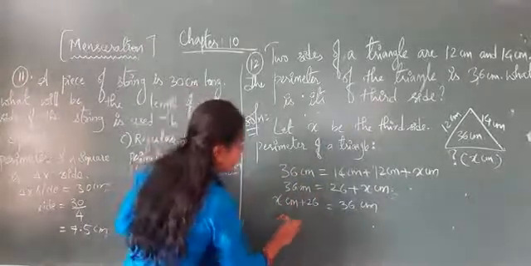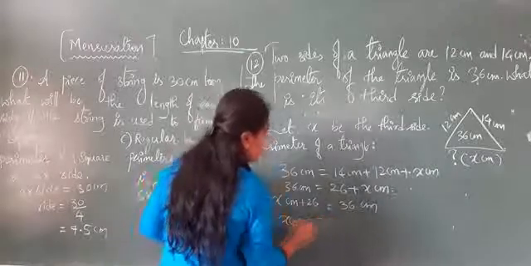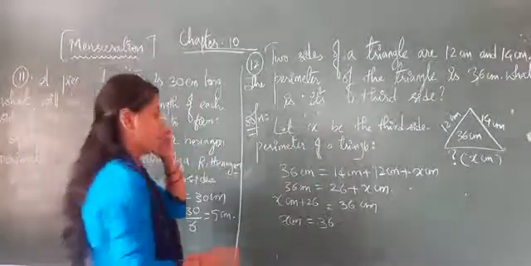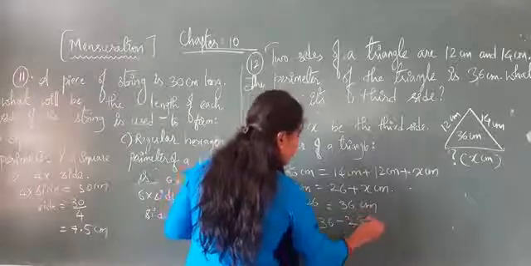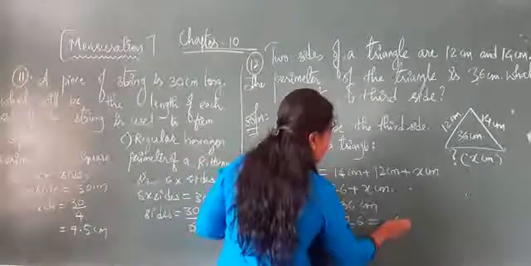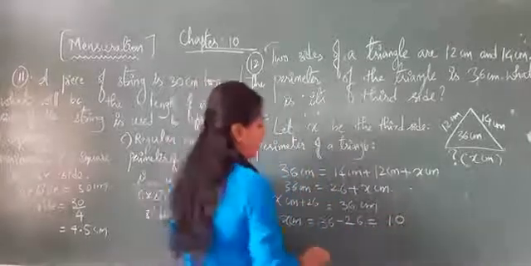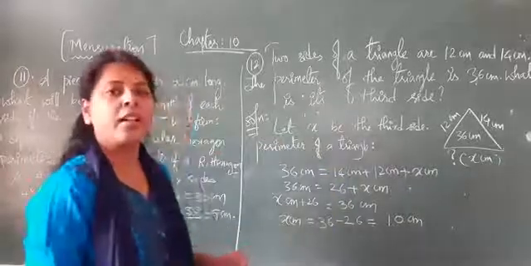Now keep this x centimeter here only, equal to 36, and the plus 26 you have to send to the right, so it will become minus 26. So 6 minus 6 is 0, 3 minus 2 is 1, so that is 10 centimeters. So the x value you got is 10 centimeters.